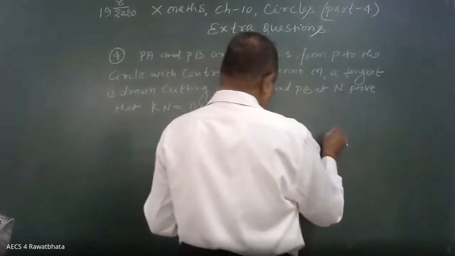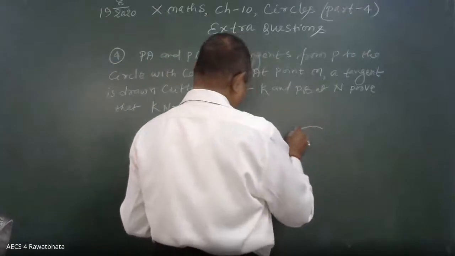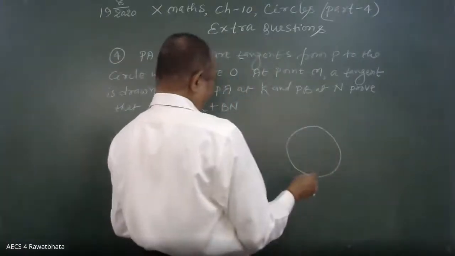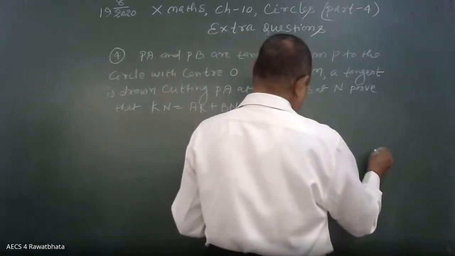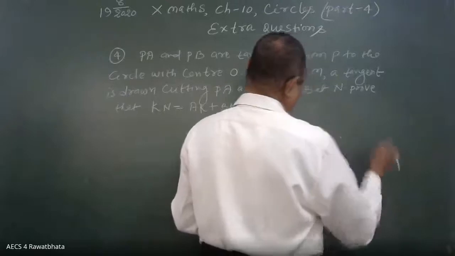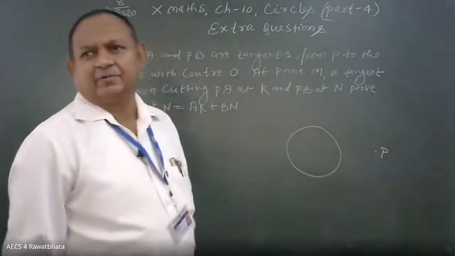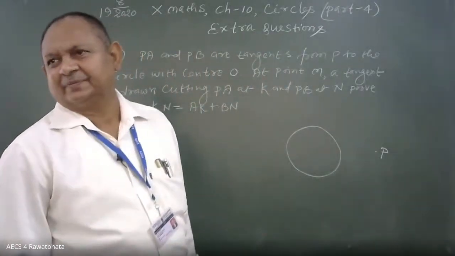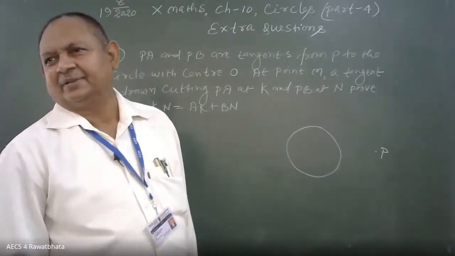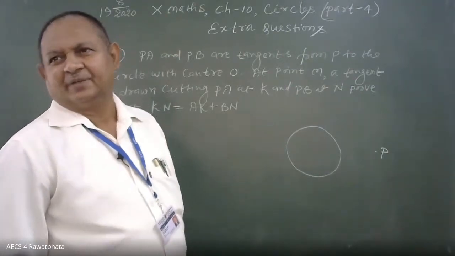So let us draw a diagram. This is a circle and P is a point outside the circle. From this point, how many tangents can we draw to the circle?